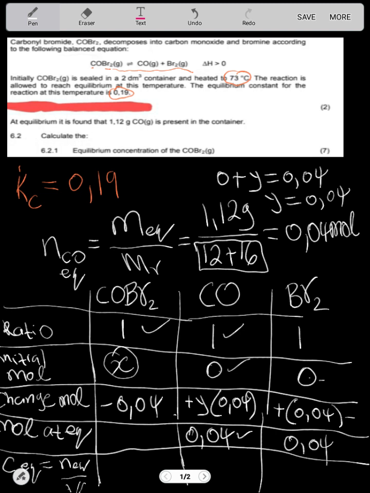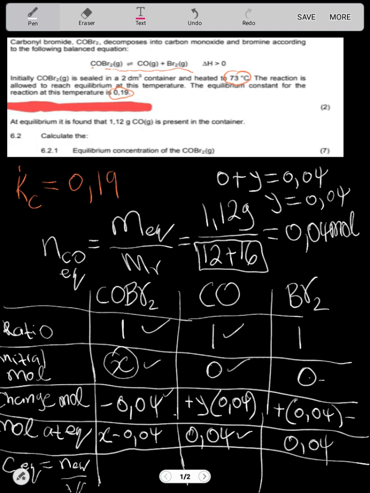So if I have to determine my mole at equilibrium, I will say x minus 0.04. Okay, but there is another easy way to calculate that. So we will say x minus 0.04, since I'm going to add this and that. So it's going to be x minus 0.04.